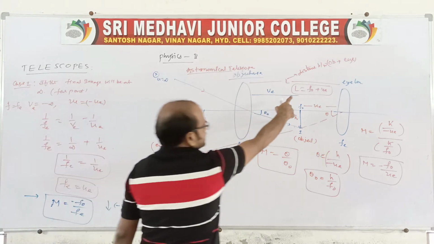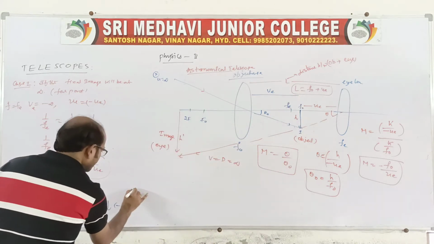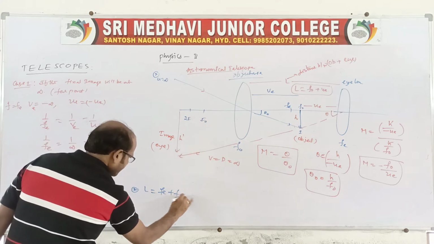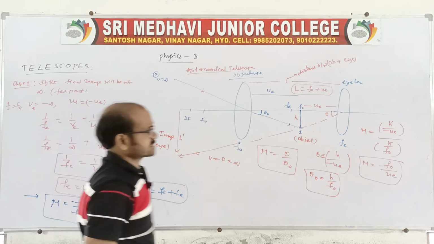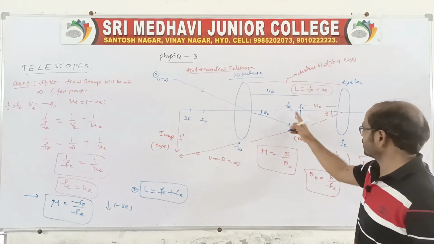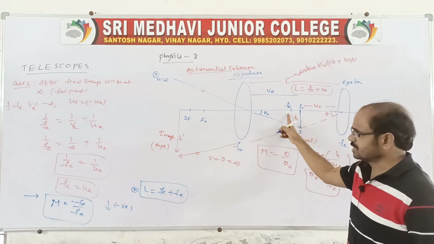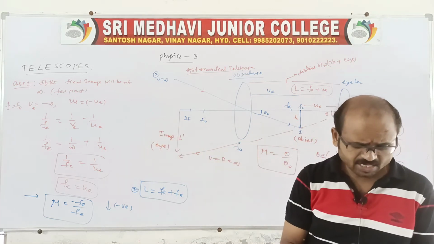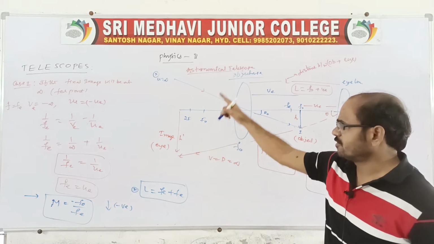And the distance between the lenses is L is equal to f naught plus fe. This is the first situation: when the position of the object is at fe, the image will be formed at infinity. Like this we can conclude the first case.